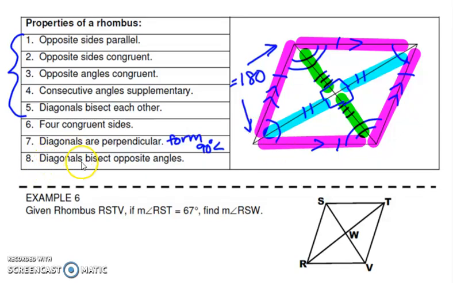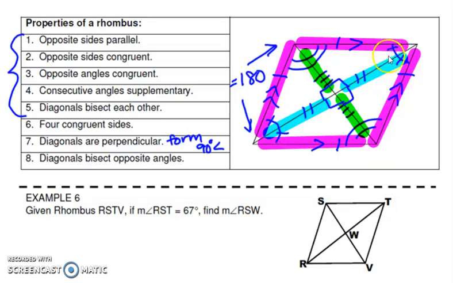And then the last part is that diagonals bisect opposite angles. So the diagonals are cutting these opposite angles in half. So here that means this half is congruent to this half. So I'm putting little tick marks to make it look like these are 2 different halves. And so if this angle is congruent to the opposite angle on the other side, I could mark these 2.